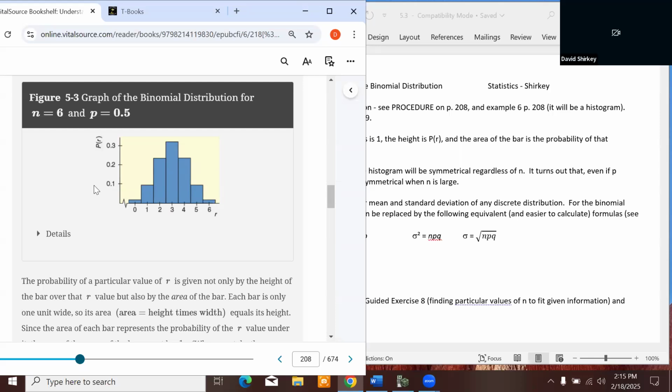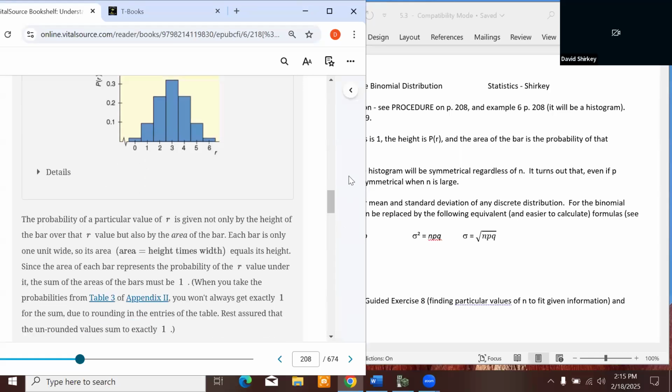Notice the scale they've used is 0.1, 0.2, 0.3, so they're doing 0.1 units going up the scale. And then they just graph the heights of the bars. Again, you'll notice that the width of these bars is 1. Like 0 plus and minus 0.5 is 1 unit. 1 plus and minus 0.5 is 1, right? 1 unit wide. And so you can graph these in the form of histograms.